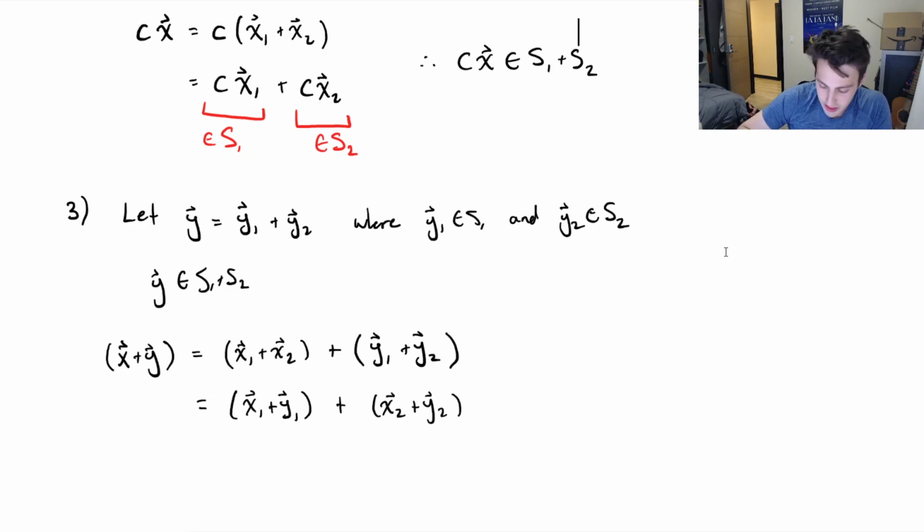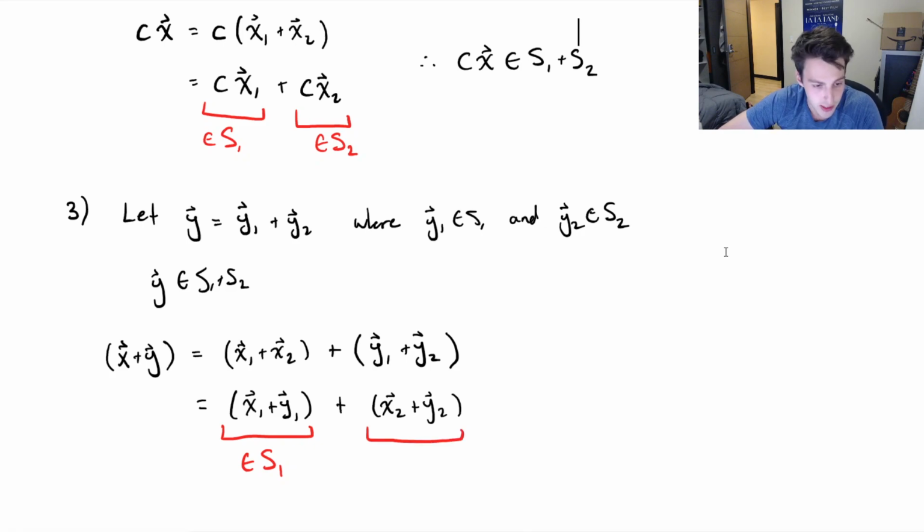You should see here that this first term has two vectors from S1. X1 and Y1 are both vectors that belong to subspace 1. Since S1 is a subspace, we know it's closed under vector addition, which means that this term is something that also belongs to S1. You can apply the exact same logic to the second term.